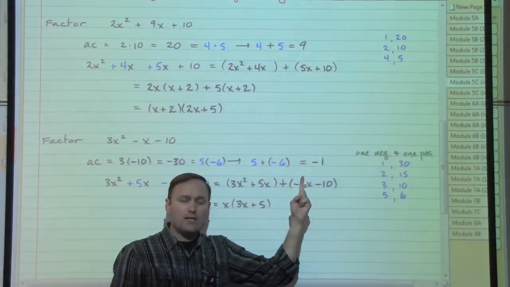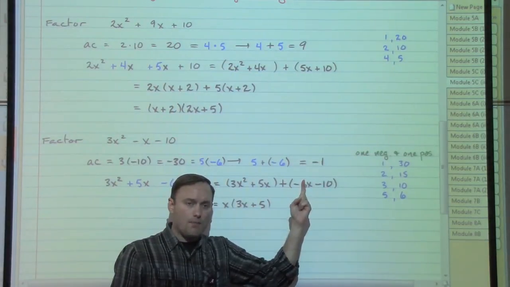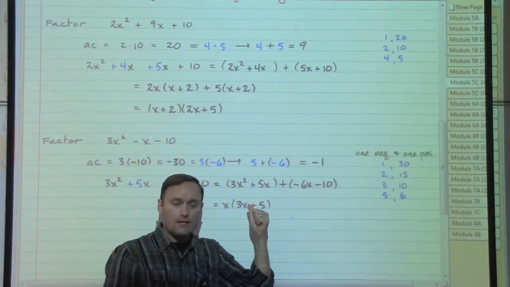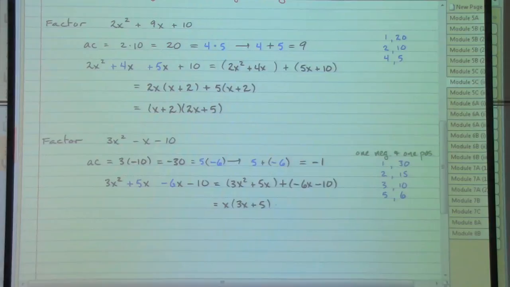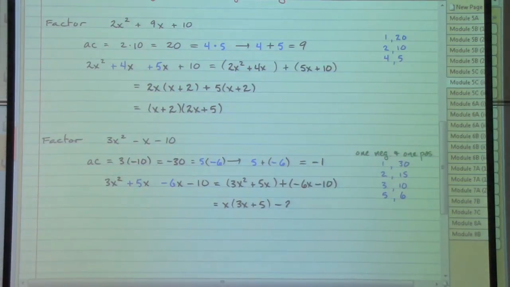If I'm expecting this negative 6x to become a positive 3x, then I'm going to need to pull a negative and a 2 out to the front of this next set of parentheses.